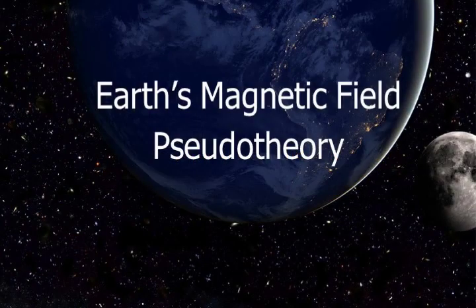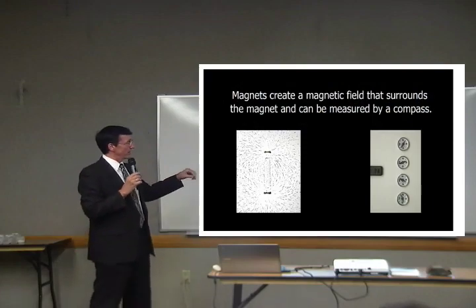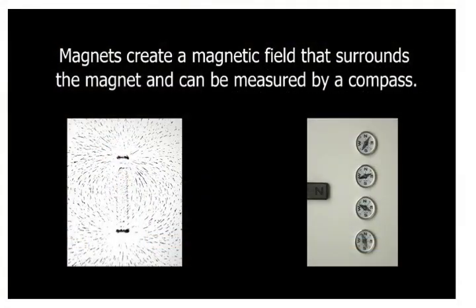Earth's magnetic field. Somebody thought of that idea. So the magnetic field, if you notice on the right there, there's a magnet on the left, and then there's 4 different compasses, and each of those compasses are pointing towards the north of the magnet.